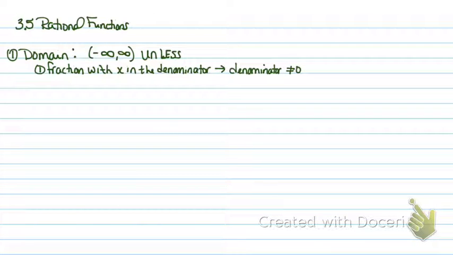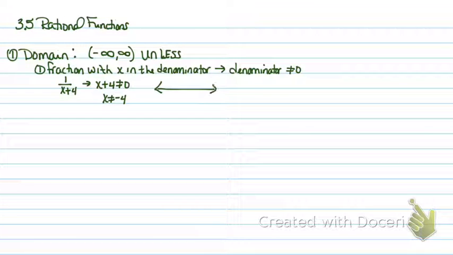So for example, if I have 1 over x plus 4, okay? It's a fraction, it's got x in the denominator, so you're going to set that denominator not equal to 0 and solve. So we'd subtract the 4, and we'd get that x cannot equal negative 4. Then I use a number line to help me. I always put my infinities, and I always put whatever it can't equal on here.